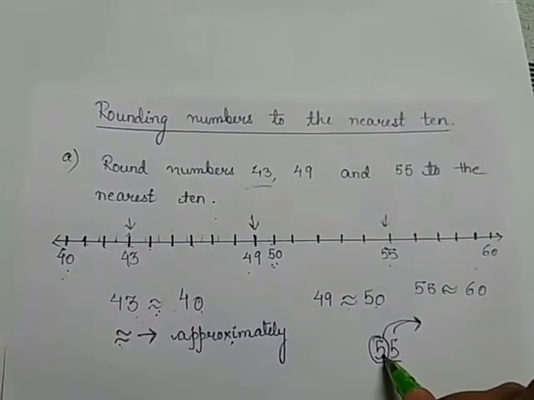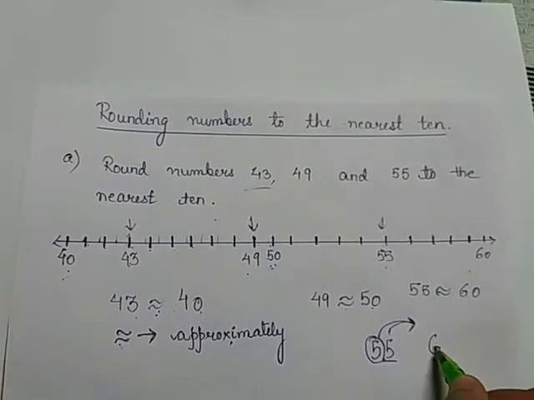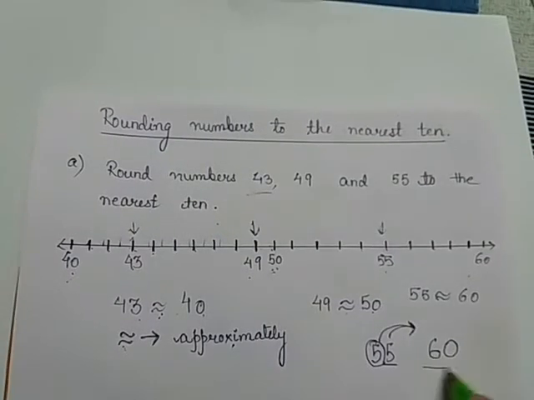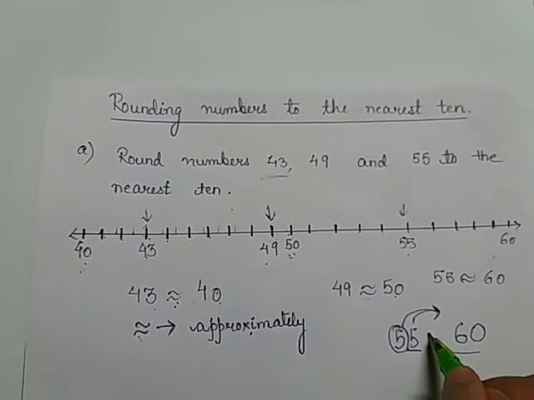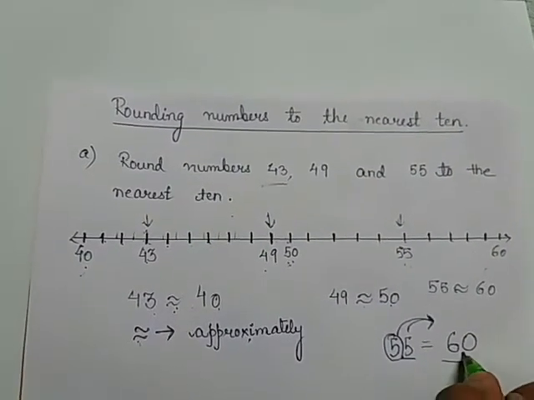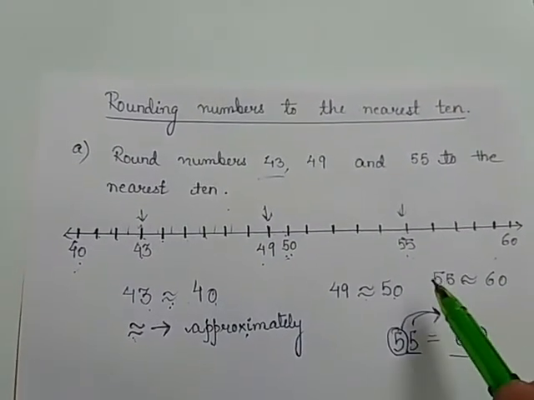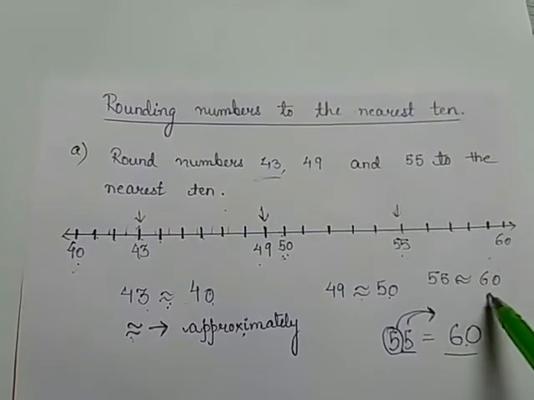So the number above 5 is 6, and the ones place automatically becomes 0. So the round off of 55 is always 60, or in other words, when using a number line, we can say 55 is approximately 60.